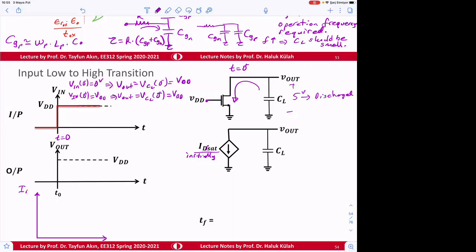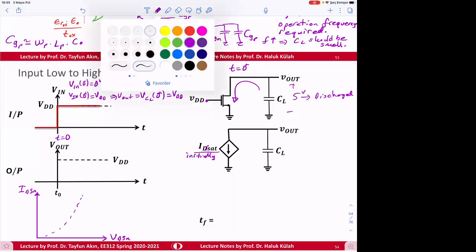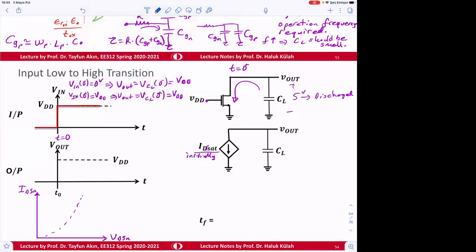So IDS current, IDS of N versus VDS of N, is going to be something like this. Here, this will be the current equation.